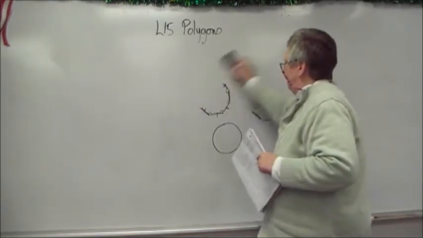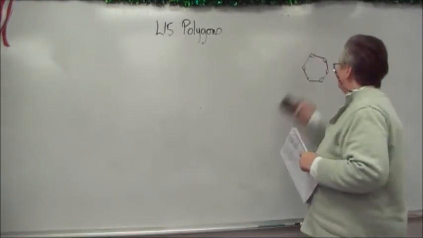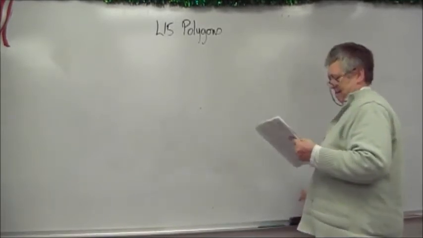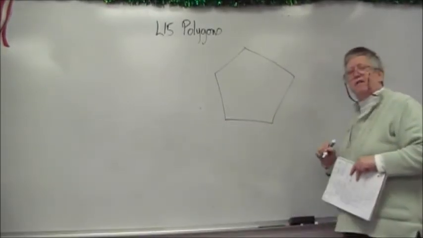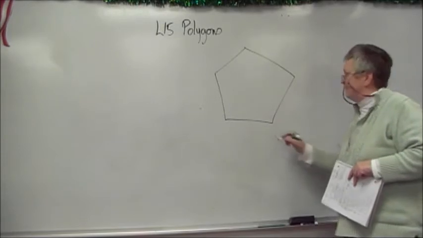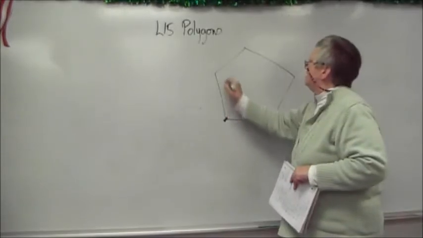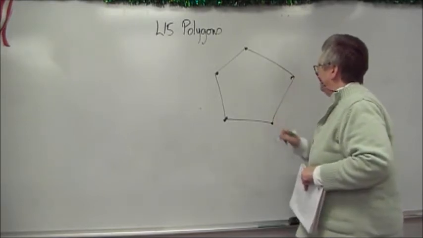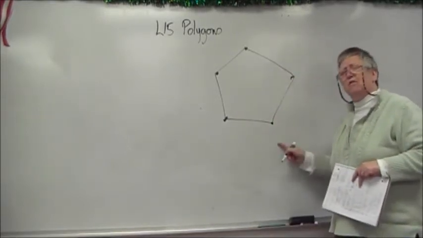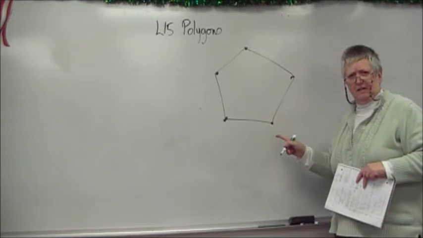Now we're going to have some added things under it because now we have a diagonal. Okay, I'm going to draw my rendition of a pentagon. These here are the vertices. Now you can draw from one vertex to another one a diagonal.